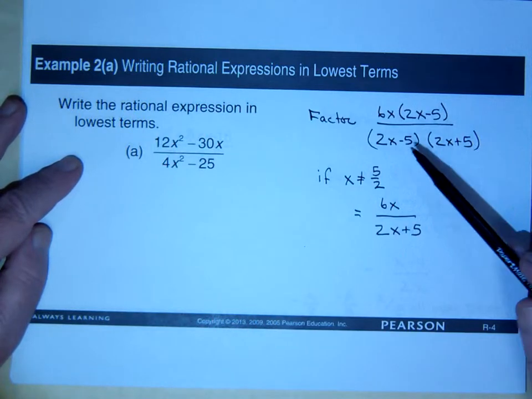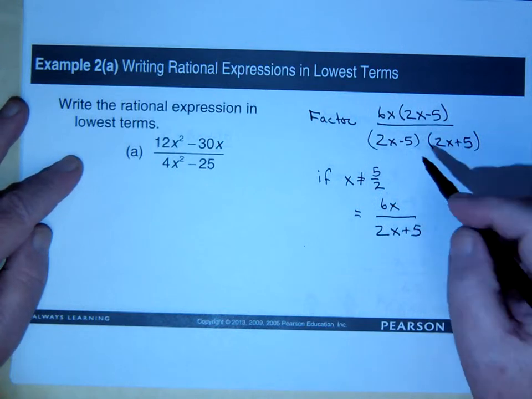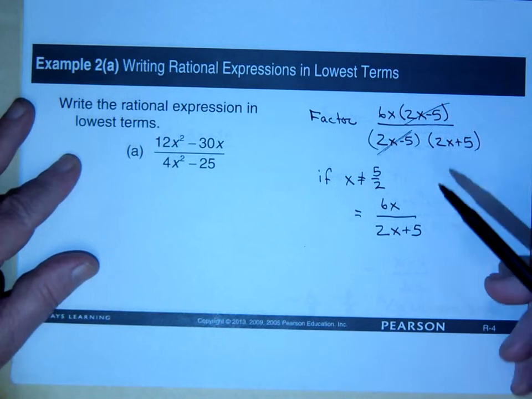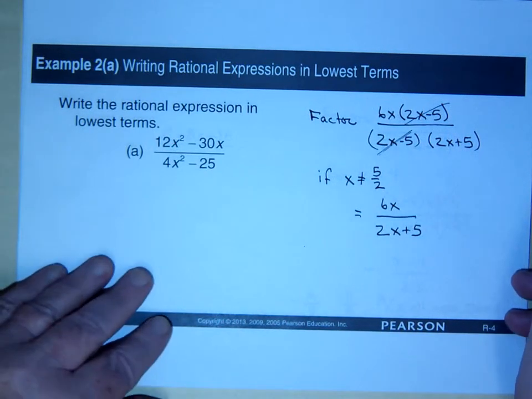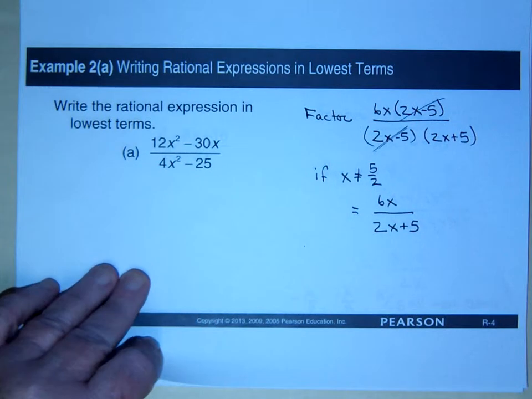So we will factor the numerator this way, the denominator this way, and we will cancel these factors. And you can cancel those as long as x doesn't equal 5 halves. Otherwise you would have 0 over 0.